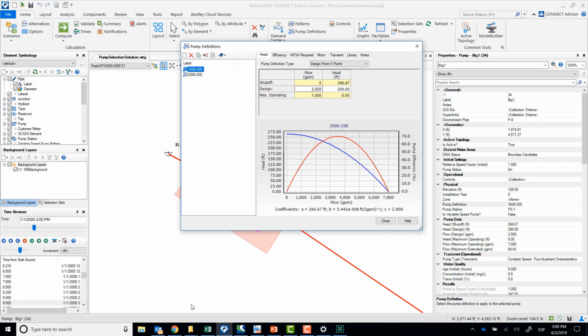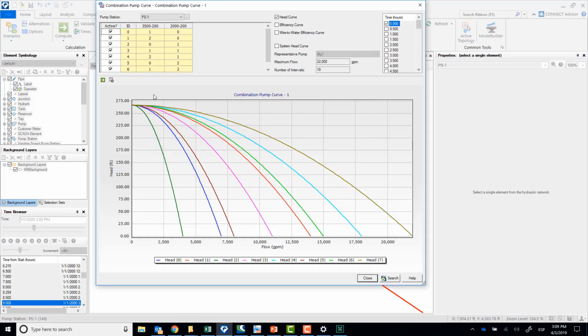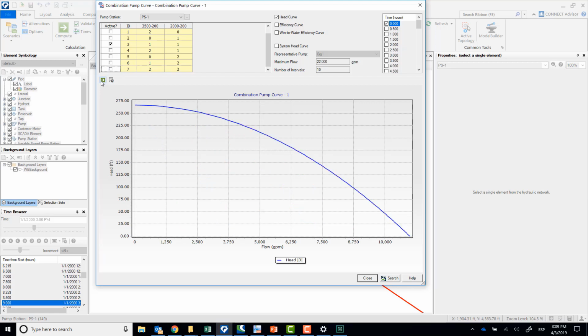So let's go back here and go to our combination pump curve. And I'm going to leave this combination of one big and one small. So you can see that it's combined the curves, and they do add up almost perfectly.